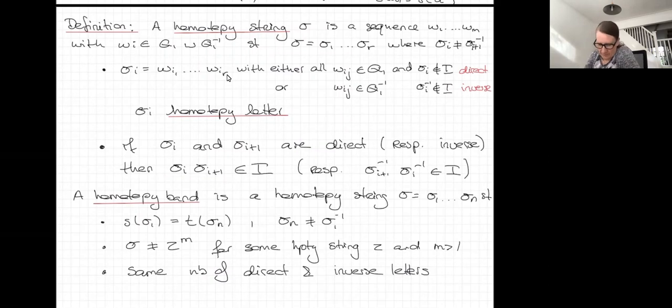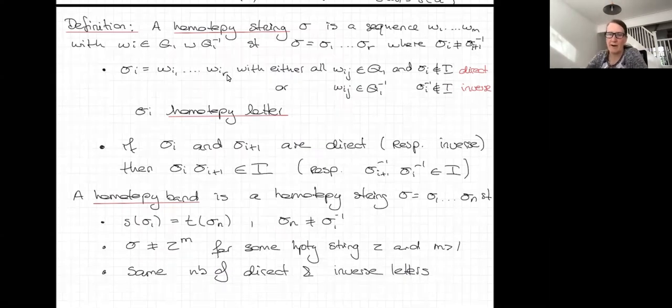And then we define a homotopy band. That is a homotopy string such that the start vertex is the same as the end vertex. They shouldn't cancel each other, and the homotopy band should not be a proper power of another homotopy string. And what is different from the string and band combinatorics for the module category is that we require a homotopy band to have the same number of direct and inverse letters.